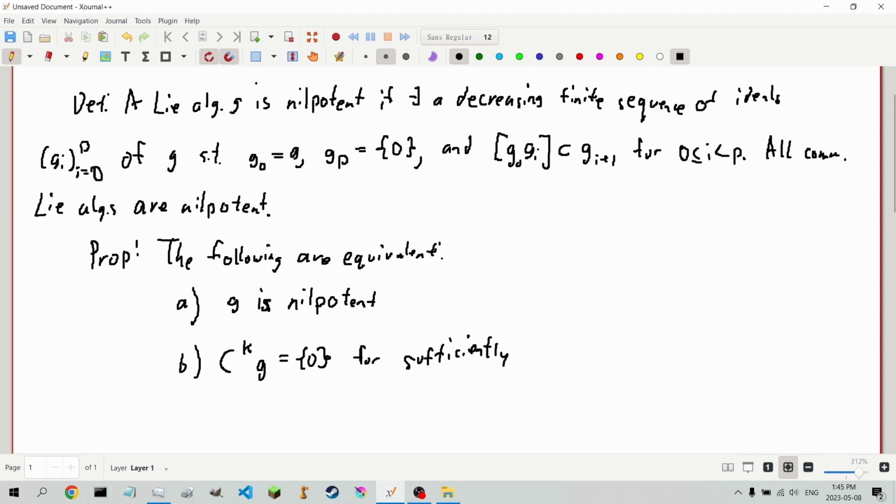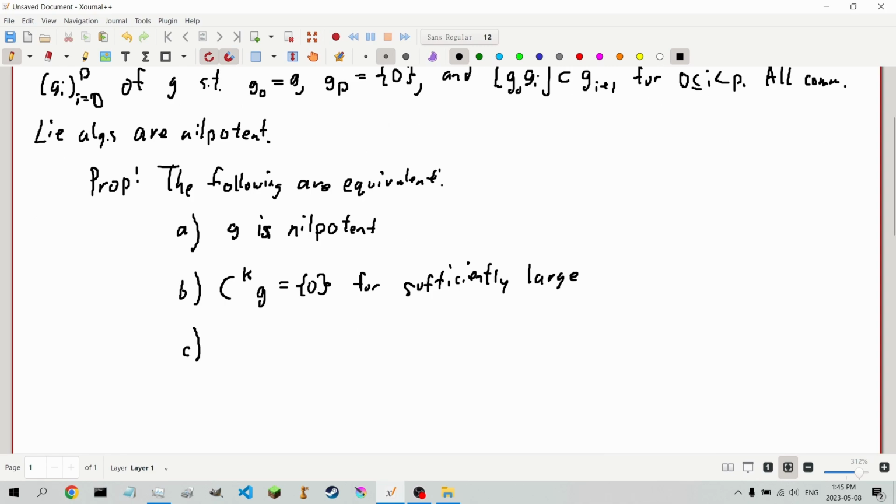I will go back over this once we have our definition of C. C^k is the lower central series of G, equals 0 for sufficiently large k.